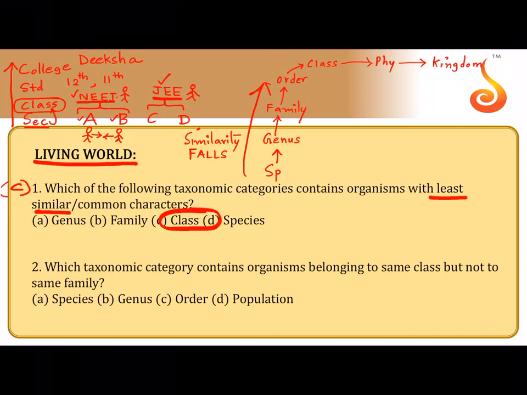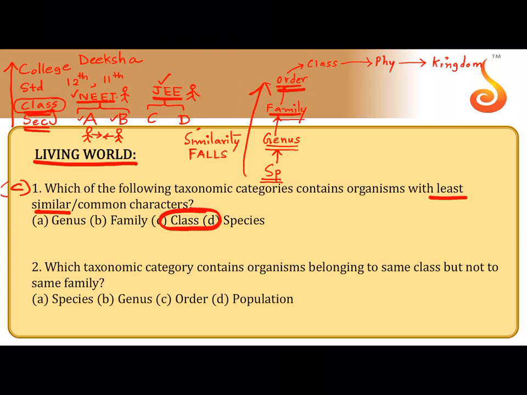So between sections there is more similarity, between classes there is less similarity. Similarly, between species there is more similarity, and less similarity between genera, less similarity between family, less similarity between order. So as we go up the ladder, similarities are decreasing.